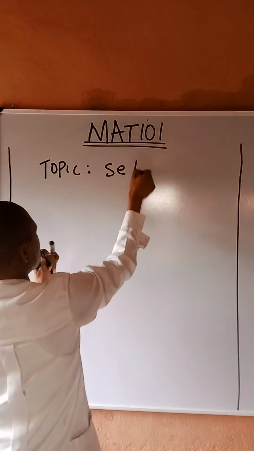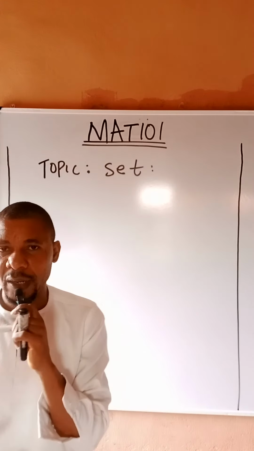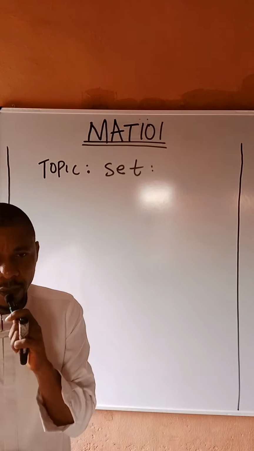Okay? So we are going to move straight to the point. I don't want to waste much time defining what a set is, because each and every one of you knows what a set is. So we are going to start from types of sets.